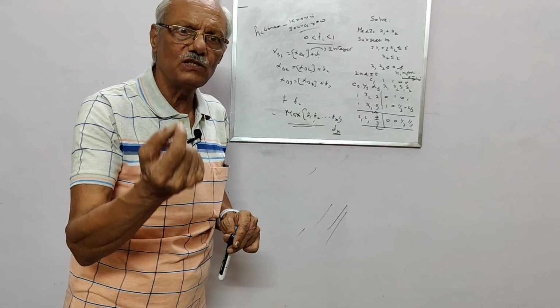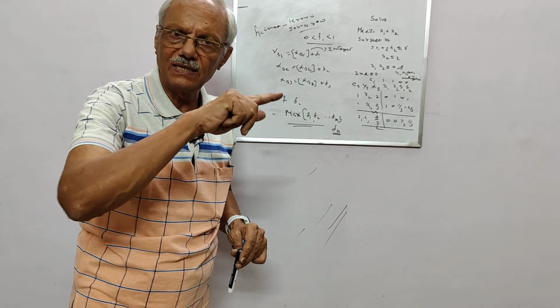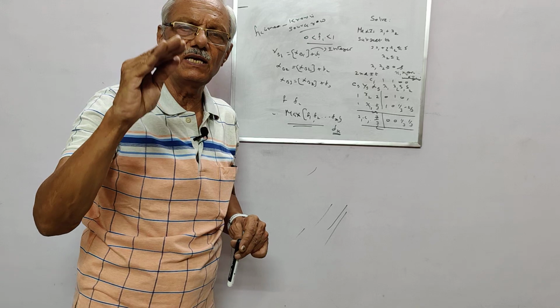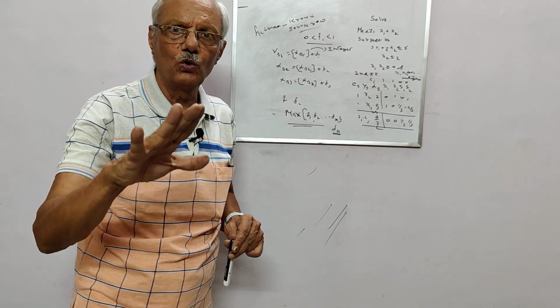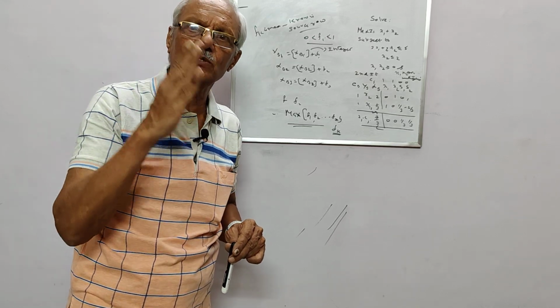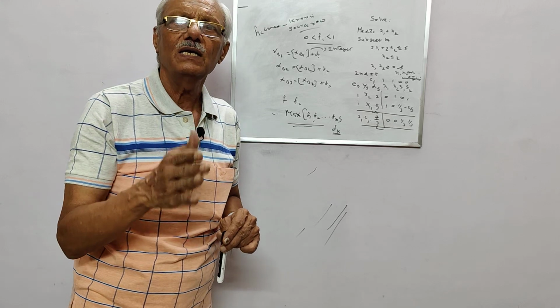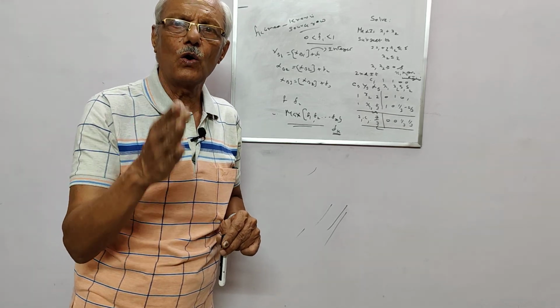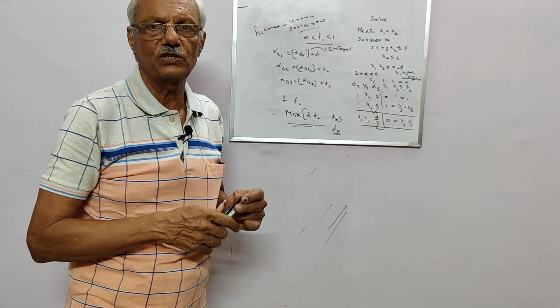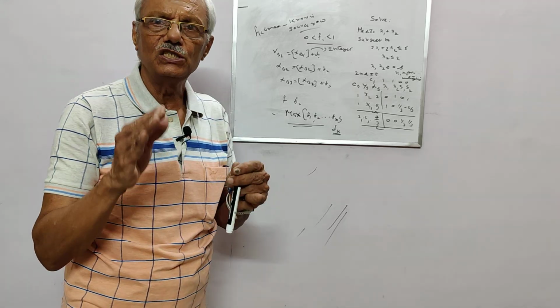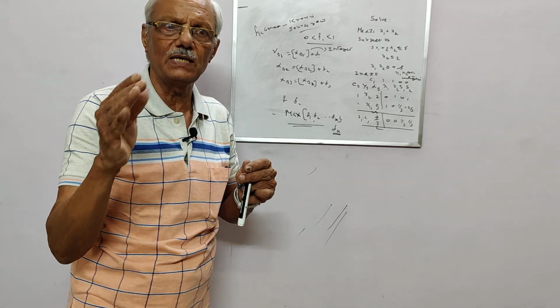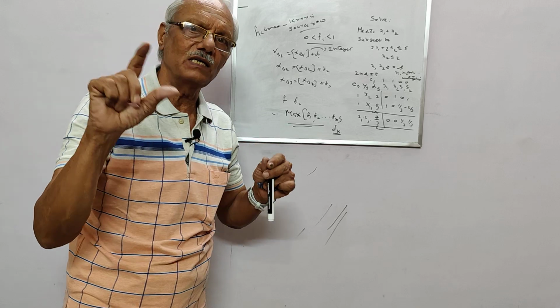If fk is your maximum fraction, then that kth row should be taken as your source row, and that source row must be utilized for constructing the additional constraint called the Gomorian constraint. I gave you the spelling, Gomorian; that is called the Gomorian constraint.